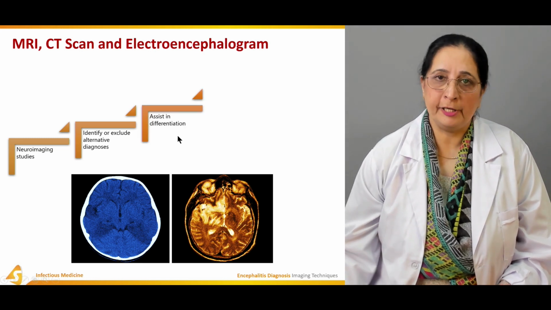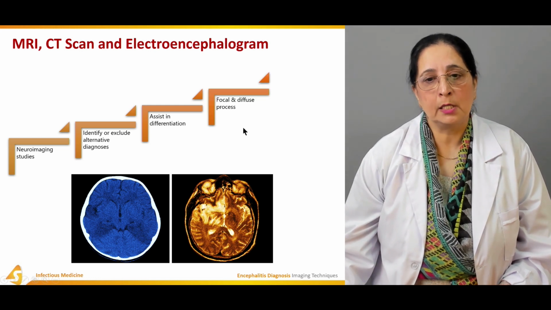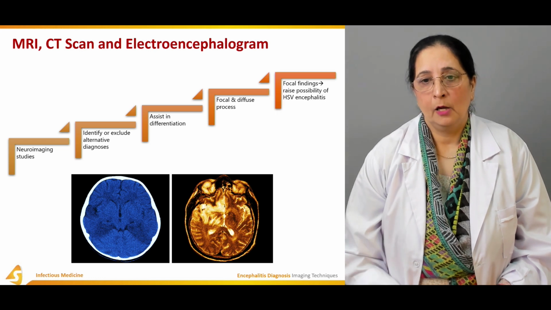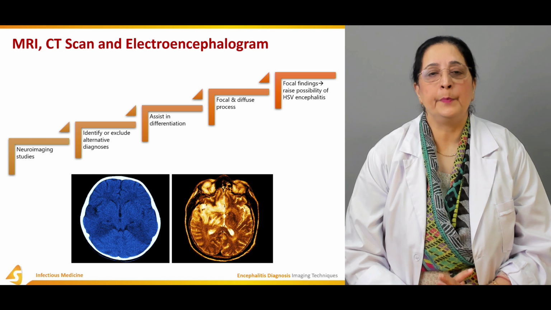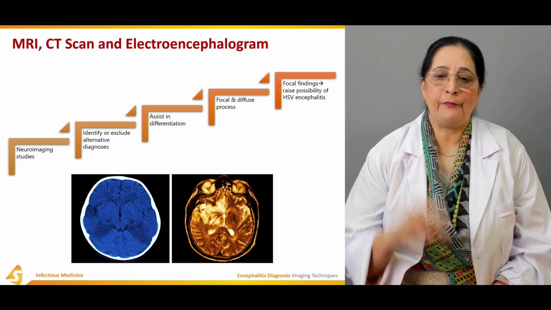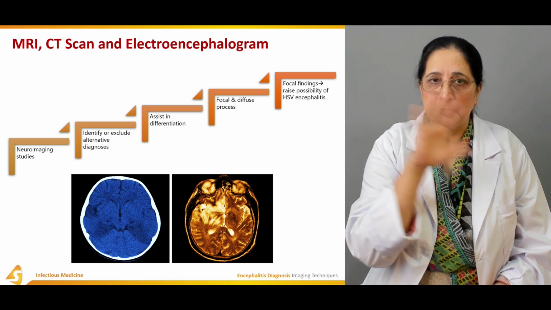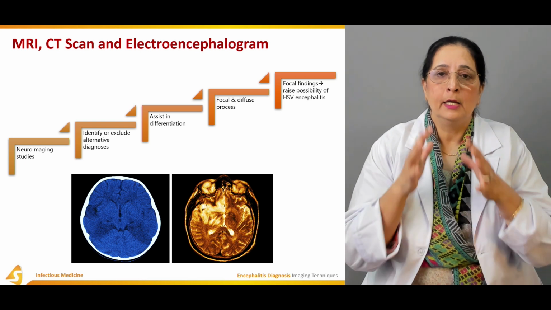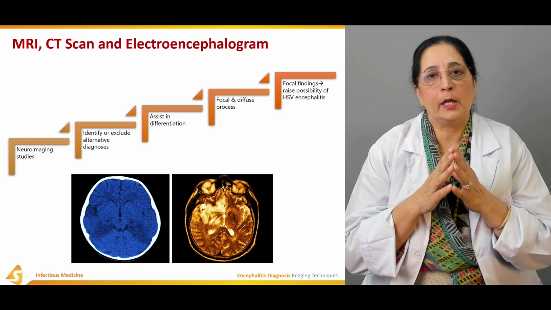They assist in the differentiation of focal and diffuse process. Focal findings raise the possibility of herpes simplex virus encephalitis. So focal findings, locally at one area, not diffuse all over the brain, usually indicate the herpes simplex virus infection.